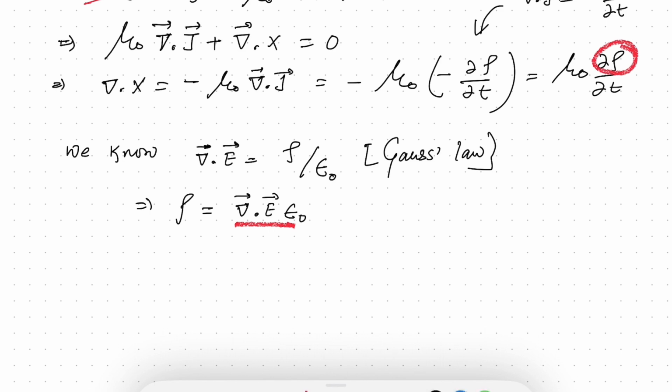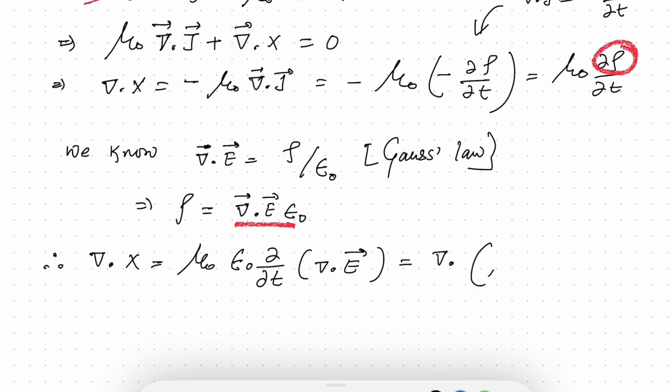Therefore we will get del dot X is equal to mu naught epsilon naught del by del t of del dot E. So we can interchange the operator here, del dot mu naught epsilon naught del E by del t. That is what we can write.